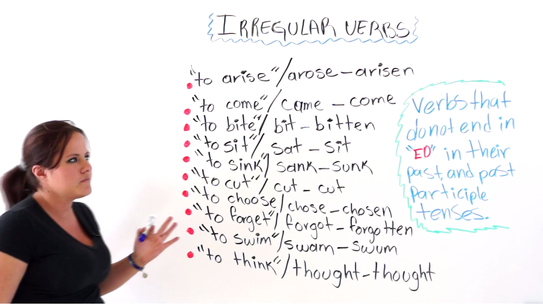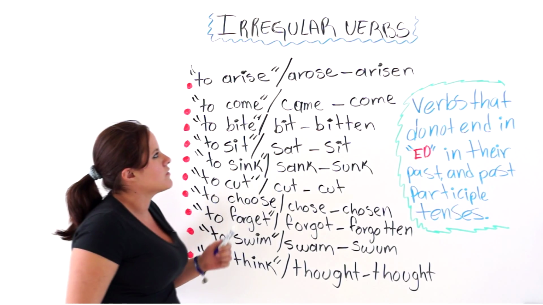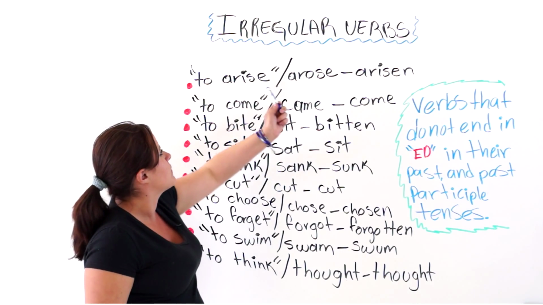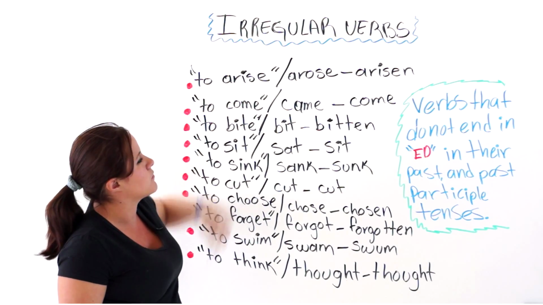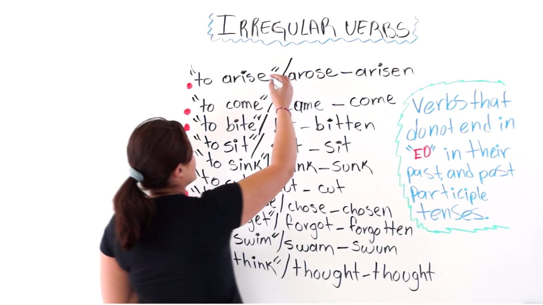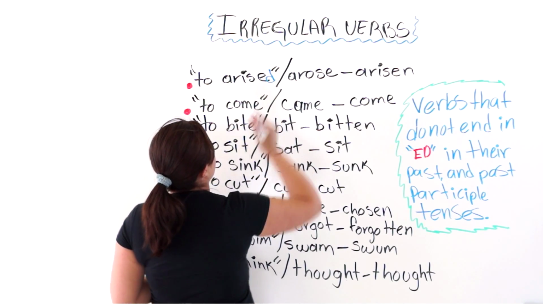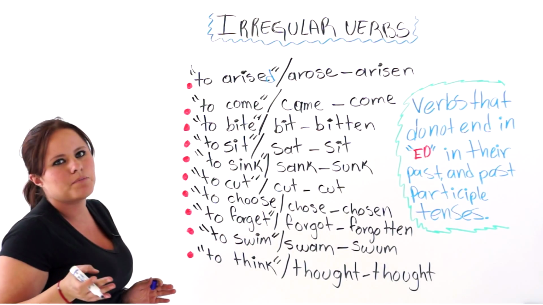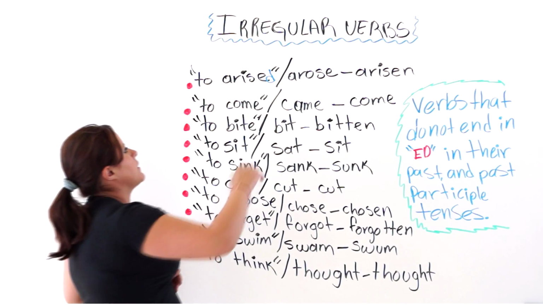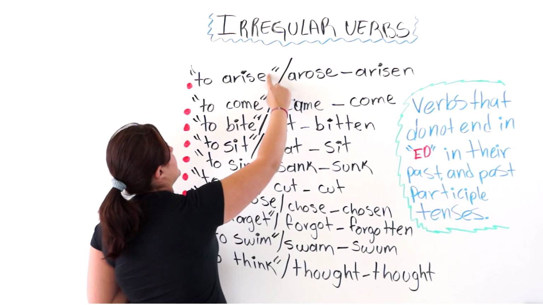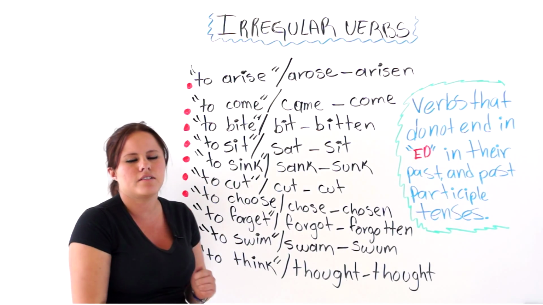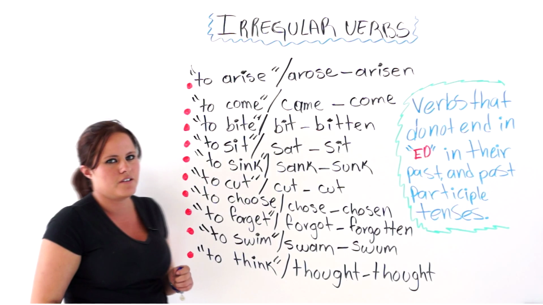So, as you can see here, these are irregular verbs because if it were a regular verb, we would say arised. We would add a D here, and then it would be the past and past participle of arise. But it is not a regular verb, so it will not end in ed in the past and the past participle tense.